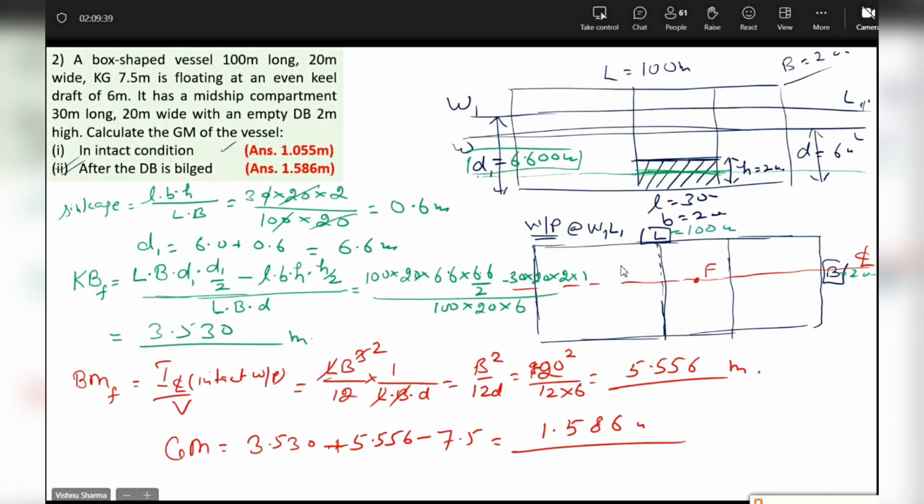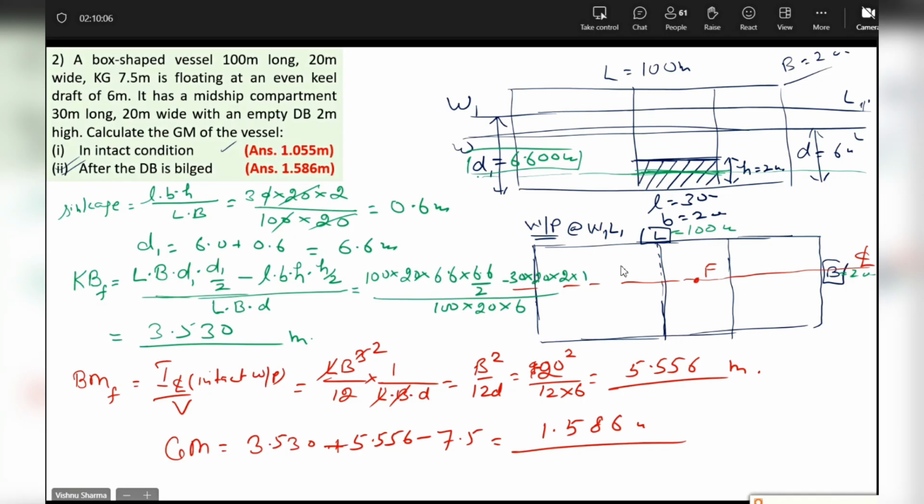I hope the things are falling in place now gradually, beta. Yes, sir. Okay. It will fall in place, don't worry. These are not difficult ones. They are reasonably okay. So what do you see here? Here the GM is increased. Before bilging it was 1.055. Now it is 1.586.